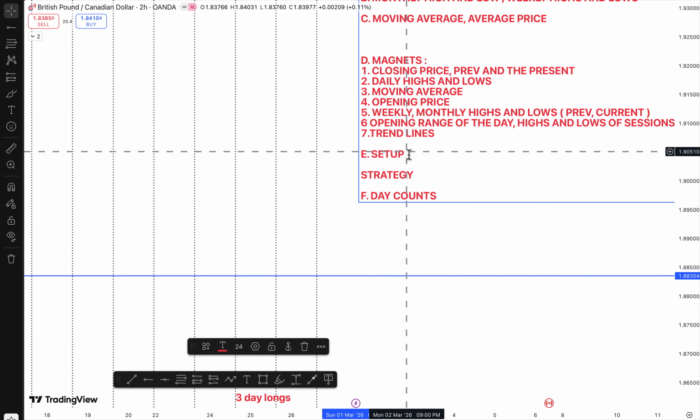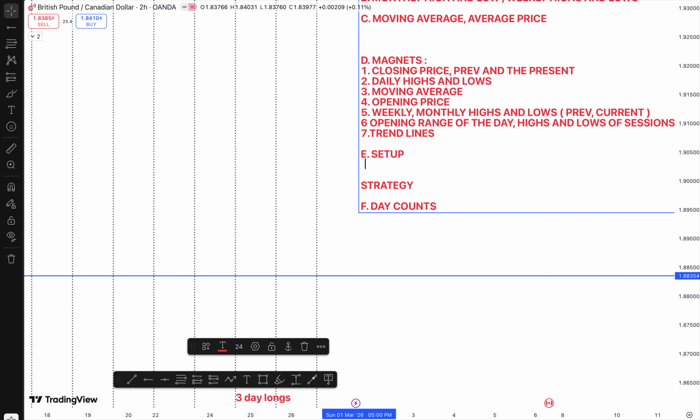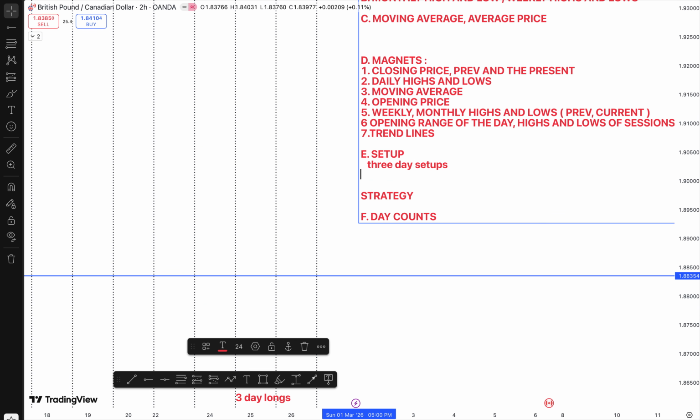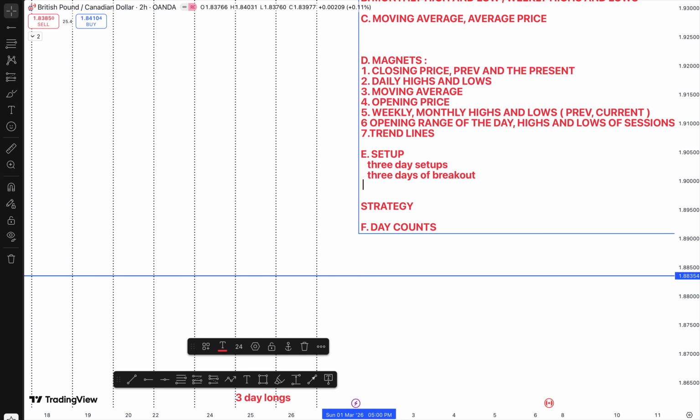Under the setup, under Stacey Burke, we want to look for 3-day setups, three days of breakouts. We want to look for 3 higher closes.